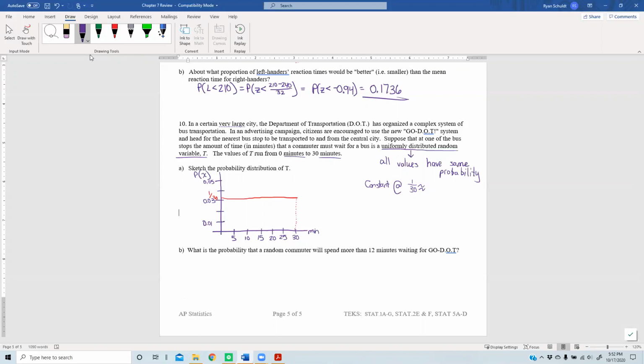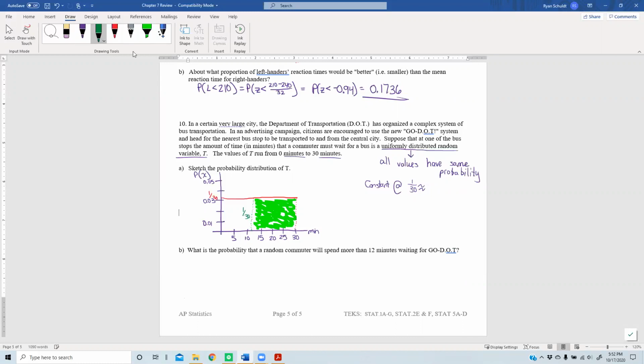B asks us, what's the probability that a random commuter will spend more than 12 minutes waiting for Go DOT? So I'm going to come up here to the graph I just drew to figure out what region I need. So 12 is about right there. So more than 12 means we're wanting this area in here. What is this area? Well, how far up did I go? I went up 1/30th.